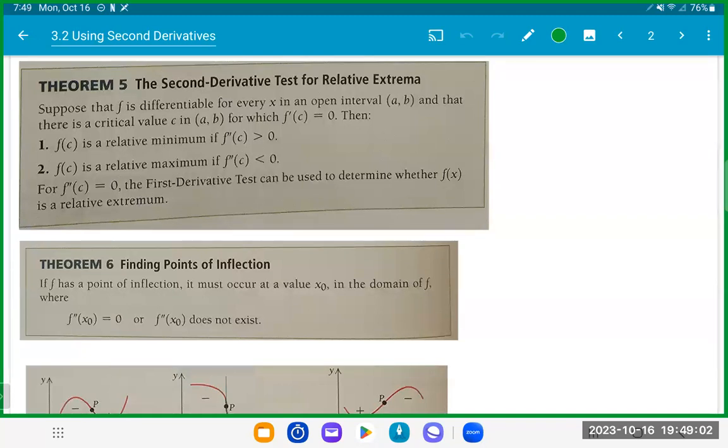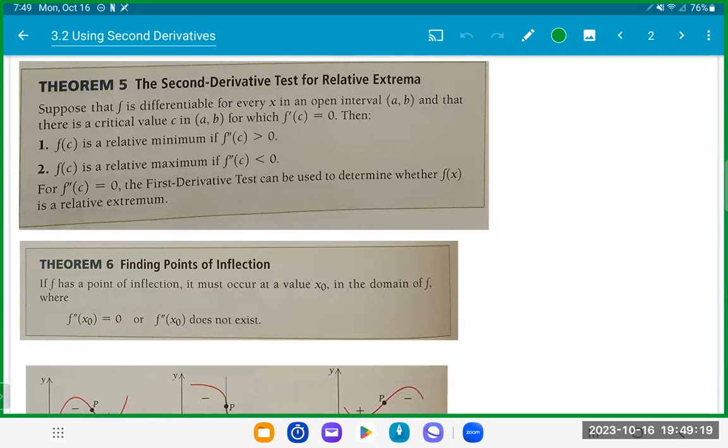As I mentioned a little earlier, when we were looking at the chart with the table, I talked about an inflection point. And so that is introduced in this section in theorem 6.